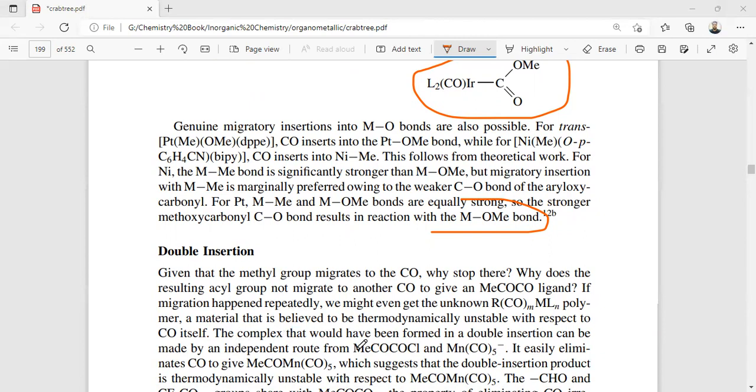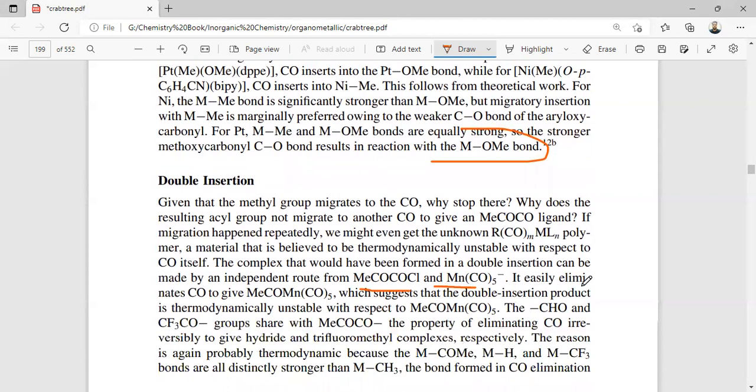The complex that would have been formed in the double insertion can be made by an independent route from this MoCOCl and MoCO5. It easily eliminates CO to give this MeCO-MnCO5. We suggest the double insertion product is thermodynamically unstable with respect to the MeCO-MnCO5.